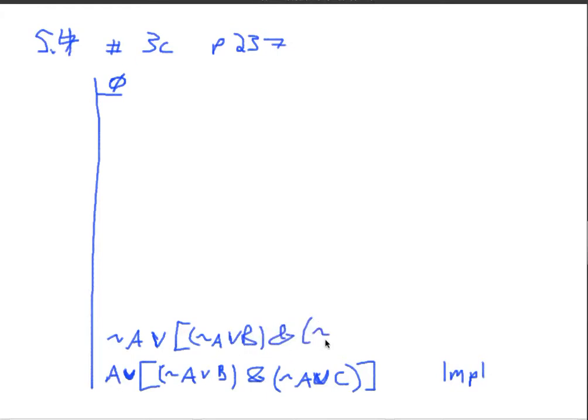And not A or C. A or C. And actually, now that I think about it, I think I might have skipped a step that I probably should have made, which is I can add 2 negations out in front of the A here. Oh, sorry, and this should be an implication. So this is now a material conditional right here.